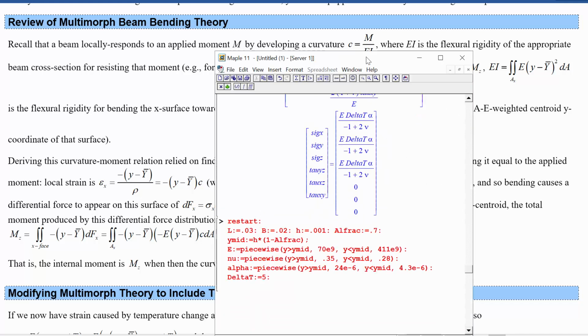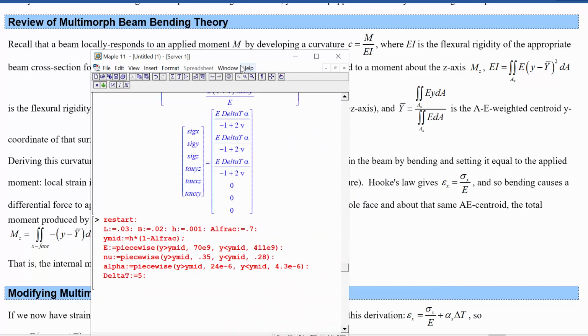That is the E weighted centroid of the object. So we'll say Y bar is the integral. Now, nothing is changing in the width direction, so we don't really have to do 2 integrals, but just to keep it clear, we'll put that in anyway.